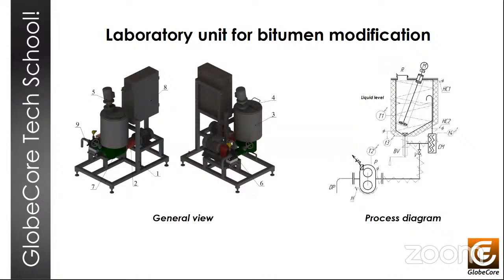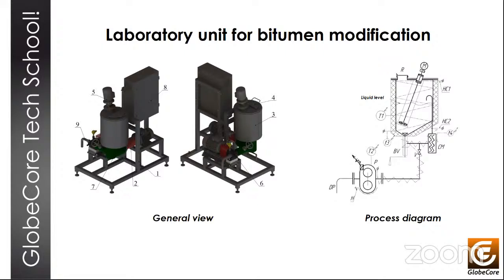So on this slide, you can see the components as they are installed on a welded frame labeled 1. The loading of bitumen and modifying additives into the reactor, position 3, is performed through a loading hatch, position 4. If necessary, the liquid components can also be added via the same hatch.